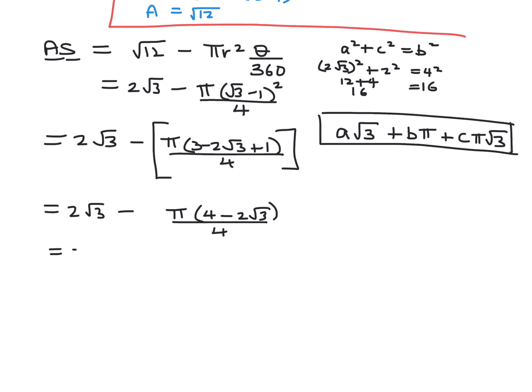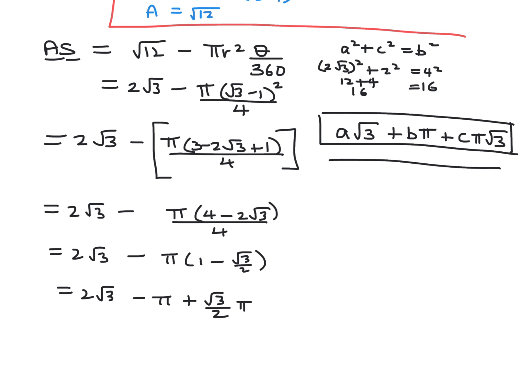Correct? And then let's get rid of those 4. So this will be pi times 1 minus root 3 over 2. So in the end, it will be 2 root 3 minus pi plus root 3 over 2 pi. And hopefully I did that correctly.